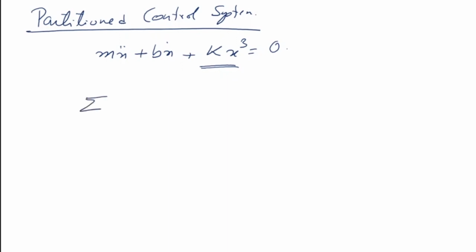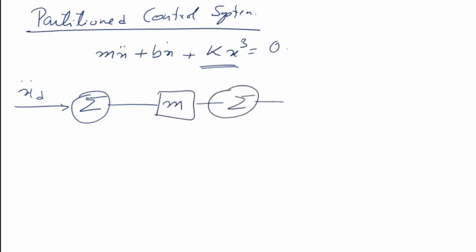We partition it, and in our partition control system, this is my x_d double dot, here is my m, then this is the summing block which goes into f equal to m x double dot.